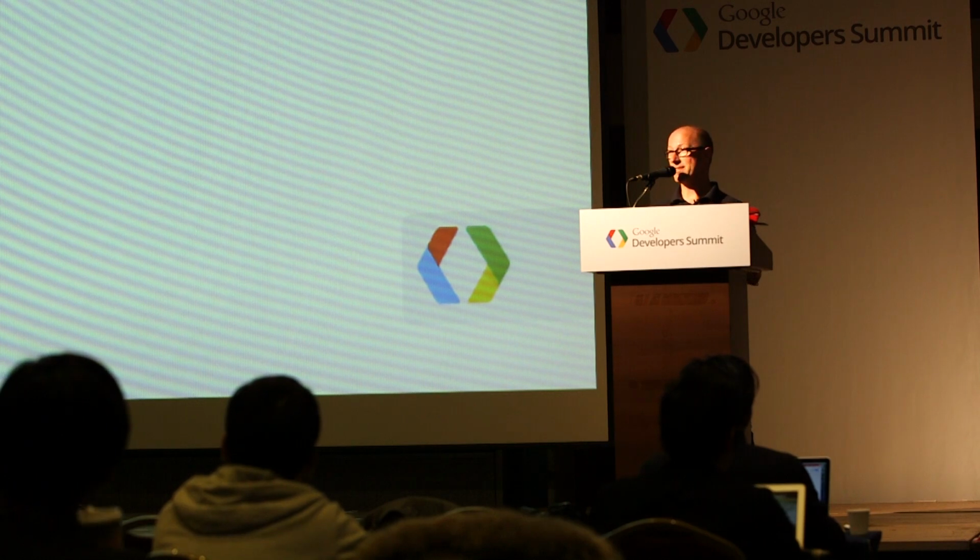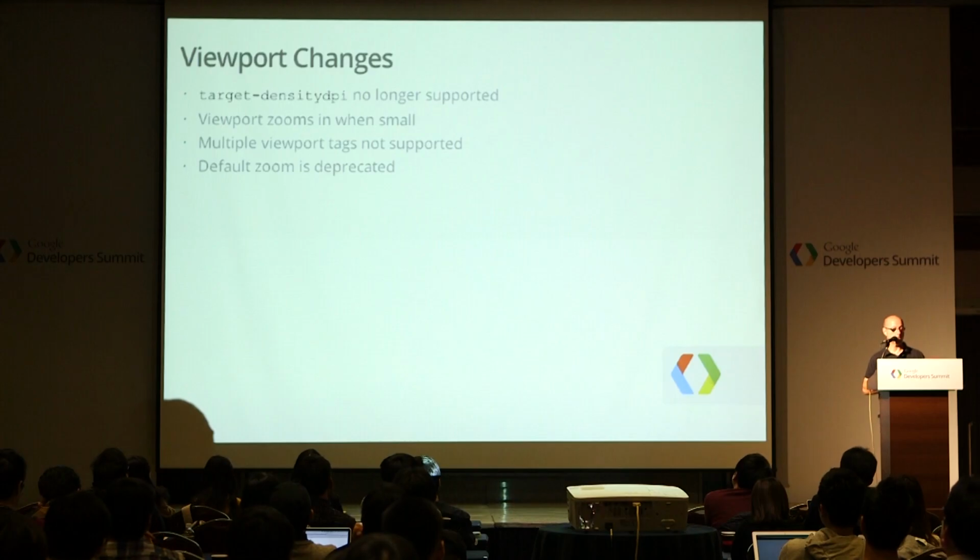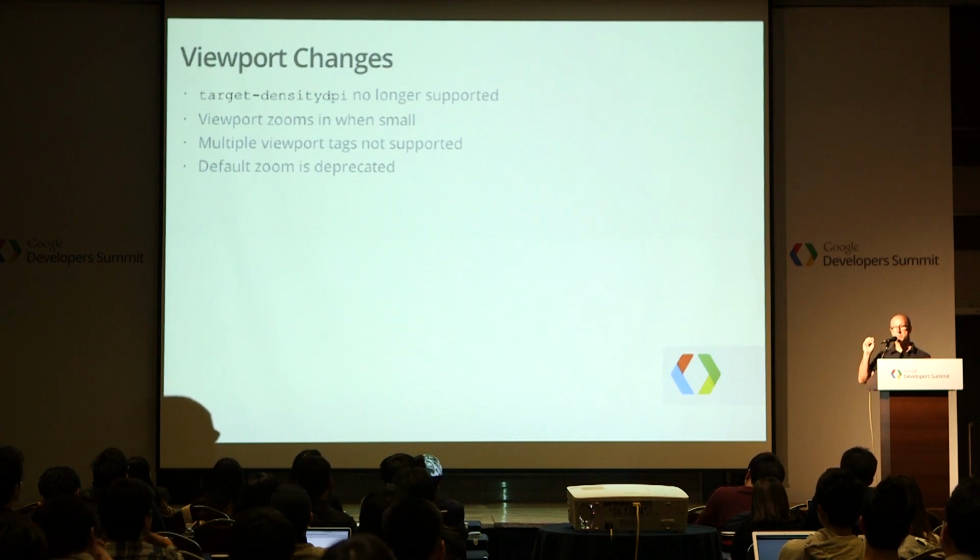The viewport zooms in. This is a new behaviour. So if you said, my content is only 100 pixels by 200 pixels, the Chrome WebView will automatically scale it to fill the screen so that you don't have black borders around the edge. Now, multiple viewport tags are not supported. So people who are web developers use this meta viewport tag, where width is device width.